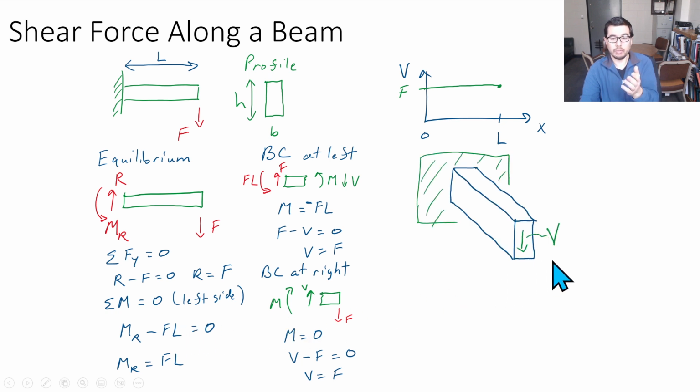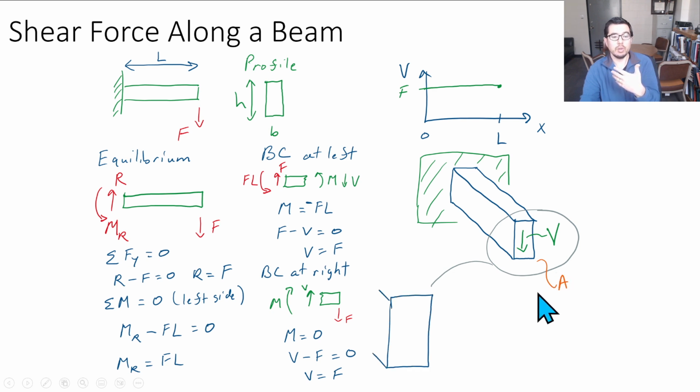So if we think about the shear force acting on a face, or on a slice along the beam, we can also associate it with acting over an area and think about what the shear stress would be on these individual elements, dA, on this face.